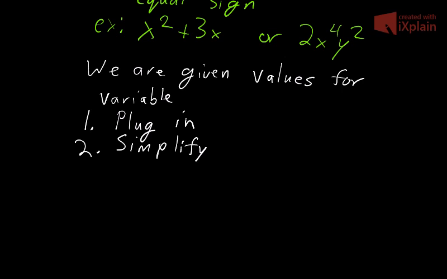My first example I want to do is going to be 3 times (z minus y) squared minus 4y cubed. And I'm going to say this is when y is 2 and z is 4.